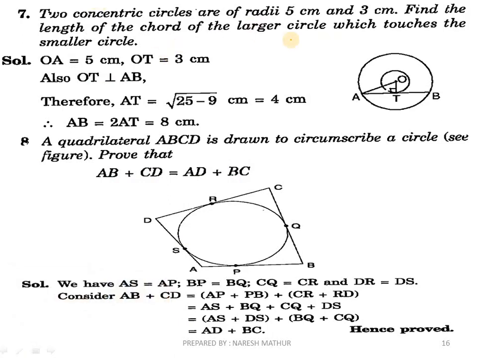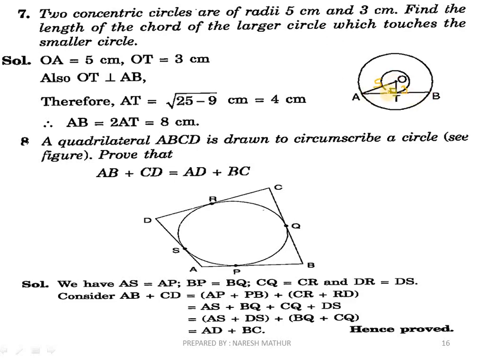Now in the next one, two concentric circles are of radius 5 cm and 3 cm. Find the length of the chord of the larger circle which touches the smaller circle. Now see here, we are given two concentric circles whose radii are 5 and 3. OA is 5 cm, OT is given as 3 cm. Now AB is working as a tangent of the smaller circle. OT is the radius of the smaller circle, so we can say OT is perpendicular to AB.